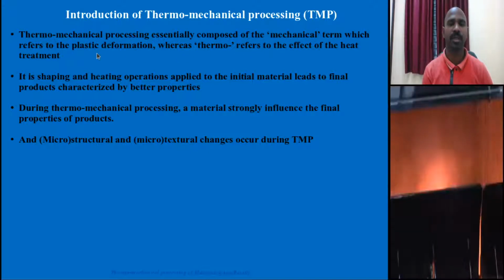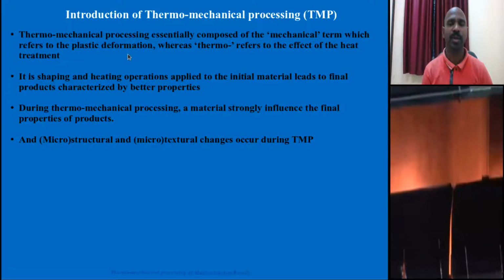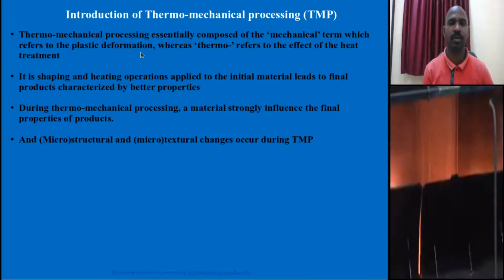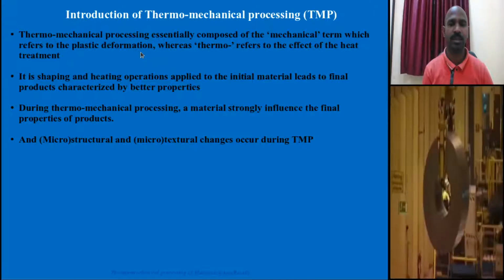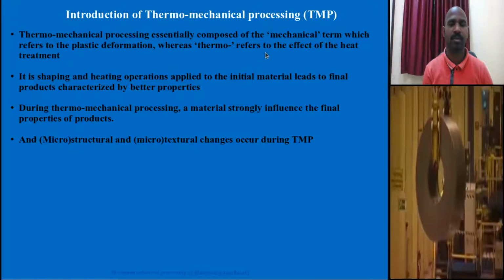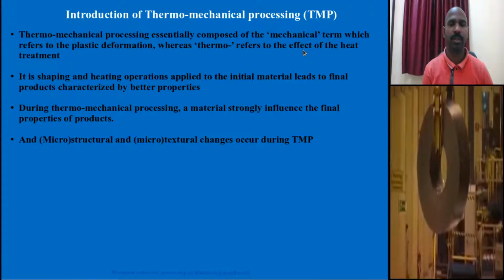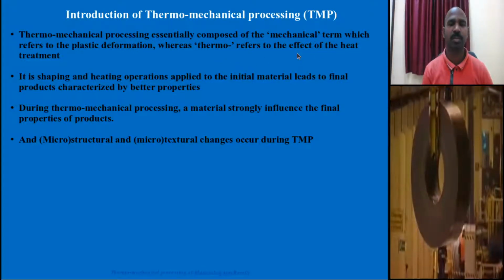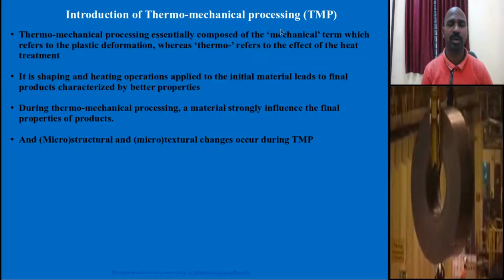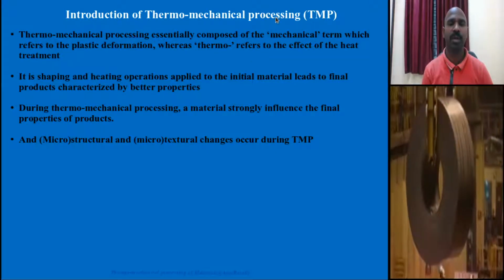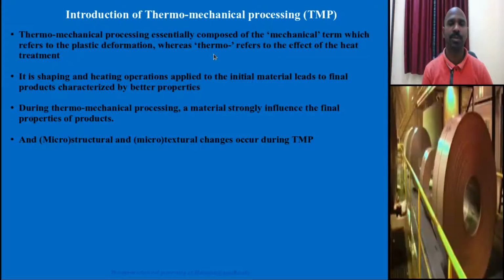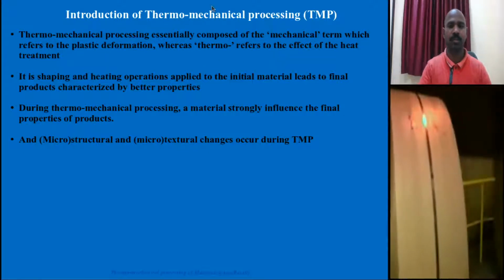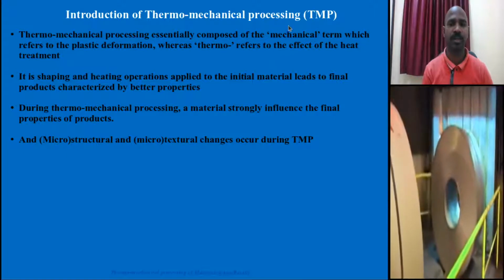Mechanical essentially talks about plastic deformation, applied stresses on a material or component, whereas thermo refers to heat or thermal treatment, heat treatment. What is the effect of thermal treatment on this processing? How does it help? Temperature as well as load. What is the relation in the processing?